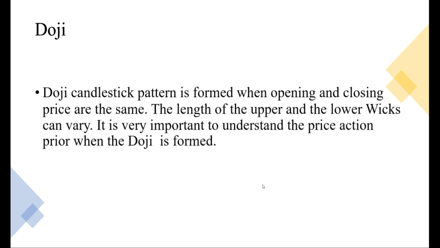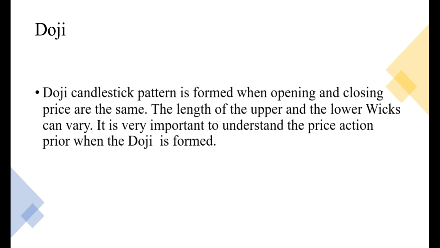So let's get started. Doji candle basically is a form of candlestick pattern where the open and the close of price are almost the same. Here the lower wick or the upper wick length can vary, and to understand what the trend is all about after the formation of a doji, it is very important for you to know the price action prior to the doji formation.